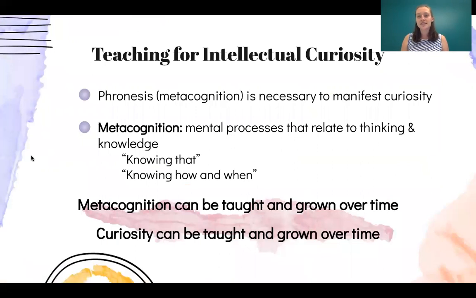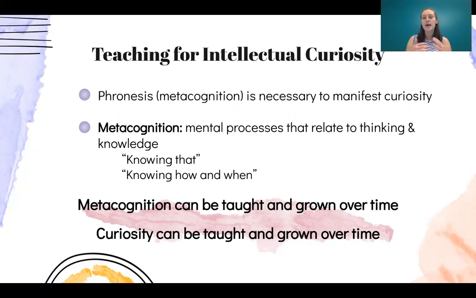So researchers established that phronesis, which is the practical wisdom to use particular skills or virtues, is necessary to manifest curiosity within our classroom. And this language of phronesis kind of echoes psychologists' rhetoric about metacognition, which are all of the mental processes related to thinking and knowledge.